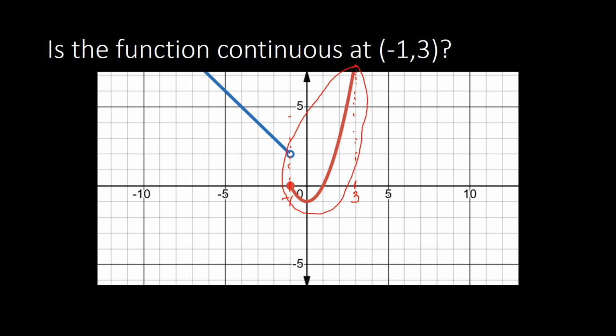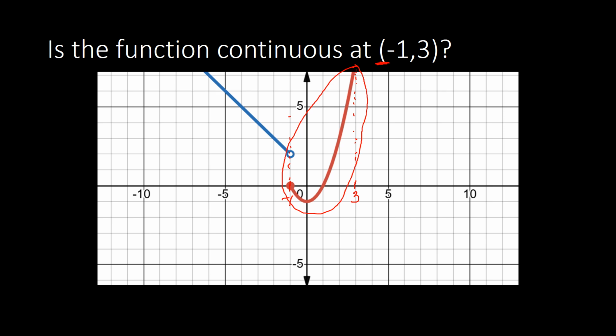Now, checking that one, although you can see that these two endpoints here are showing breaks and a hole, again, our interval there is open, meaning they are not included. These two points here are not included on the graph because that is open.